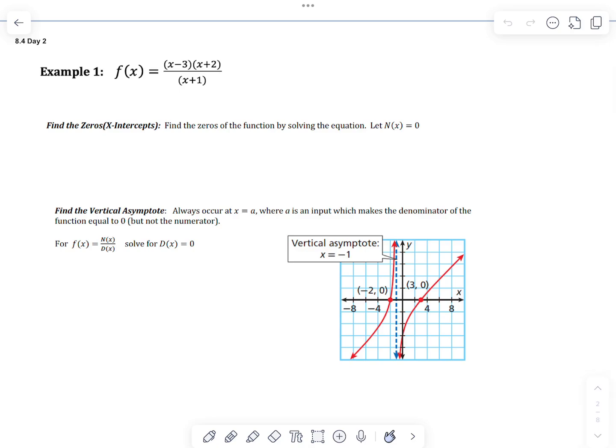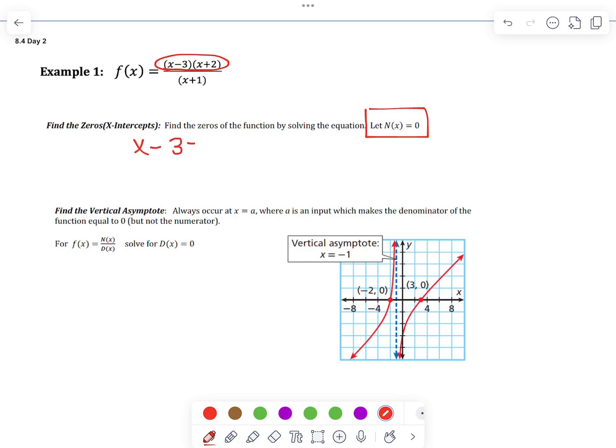Example 1, we want to graph this rational function, and we're going to first find the x-intercepts. So to do this, we set the numerator equal to 0 and solve for x. So we have x minus 3 equal to 0 and x plus 2 equal to 0.